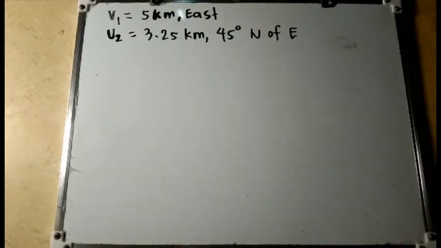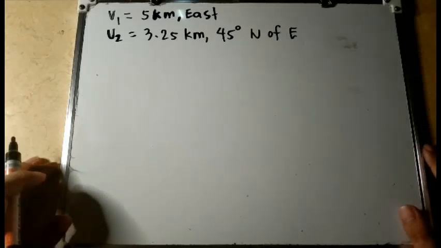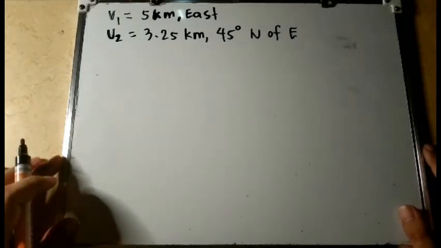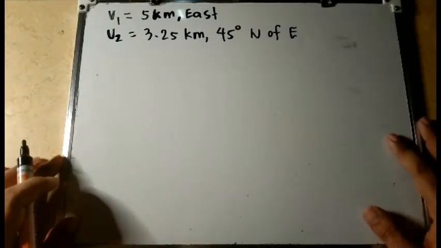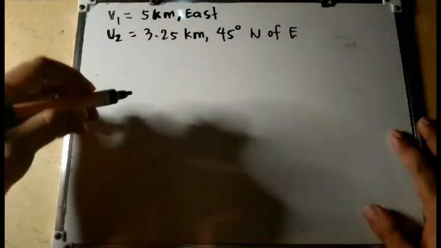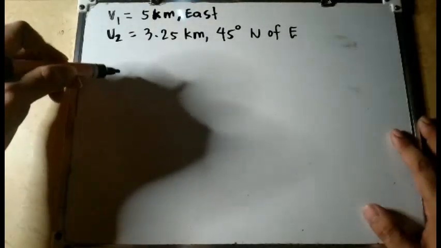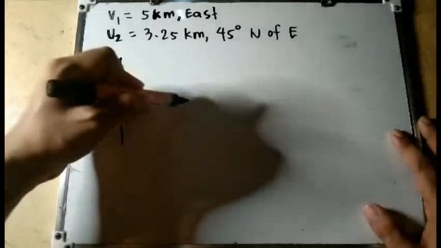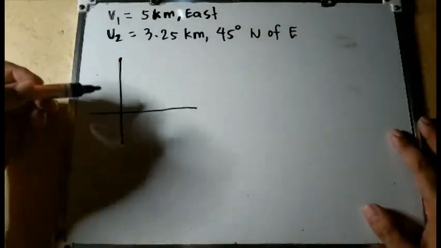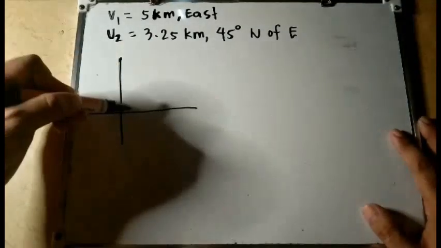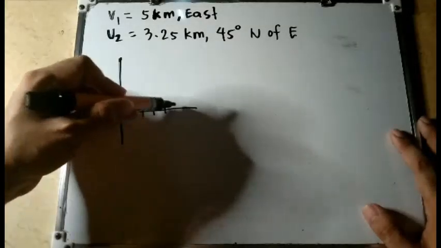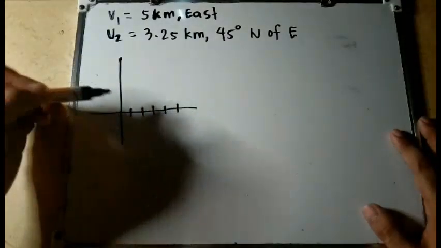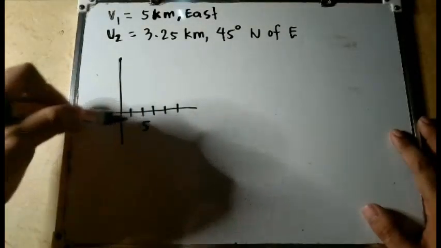Okay, kung kanina example is nag-form tayo ng right triangle. So dito naman, magpo-form ito ng oblique triangle. Okay, so para mas klaro sa atin, pwede nating i-drawing, no? So we have 5 kilometers east, so 1, 2, 3, 4, 5.